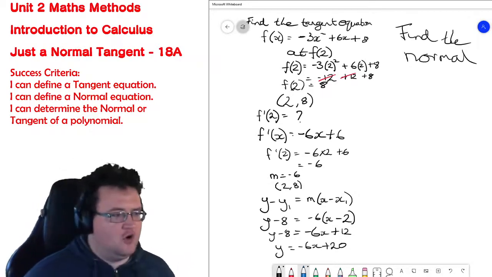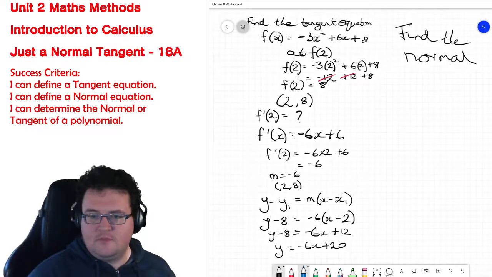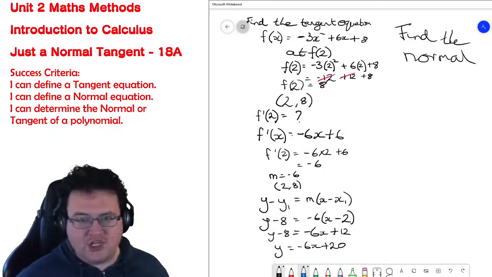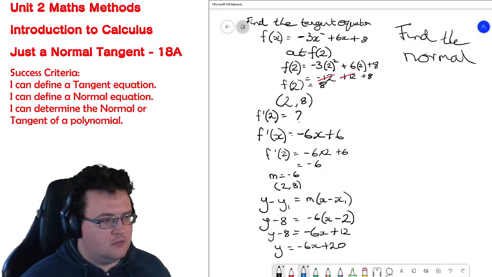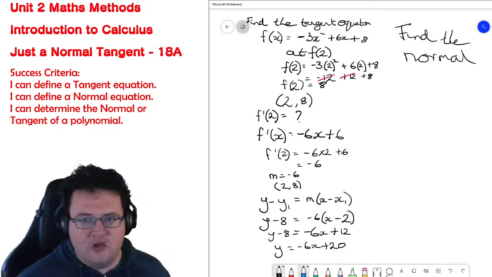No, I'm going to ask you to find the normal. All right. So, it's the same equation. So, f of x is still the same. I want you to find the normal at f of 2.